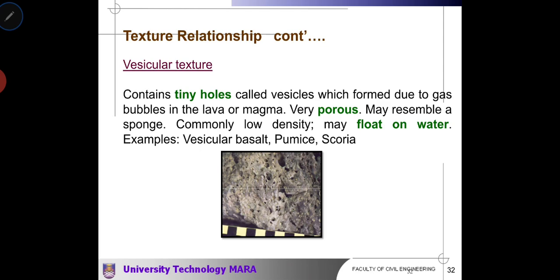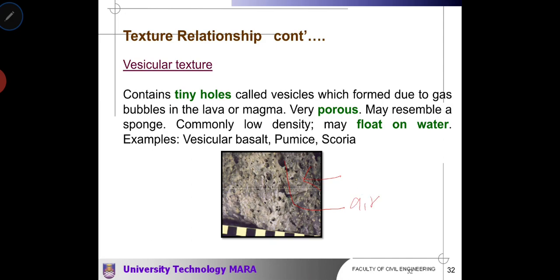Okay, the next one is vesicular. This is unique because of the sponge-like rock. How did this happen? This is from the eruption of a volcano. During the eruption, the lava entraps air and it's cooled almost immediately. So this rock has fragments of rock, and these holes here are actually the entrapped air.